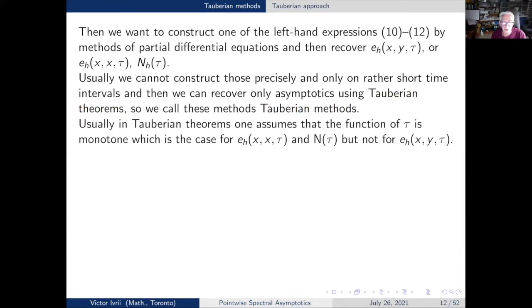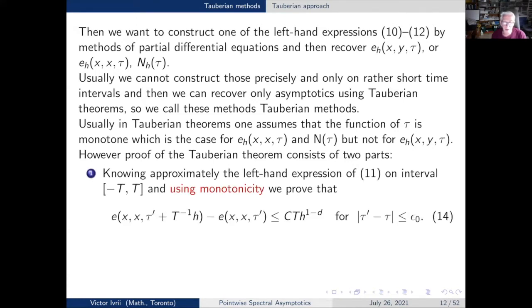Usually in Tauberian theorems, one assumes that the function of tau is monotone, which is the case when x equals y or for N(tau), but not when x is not y. However, the proof of the Tauberian theorem consists of two parts.